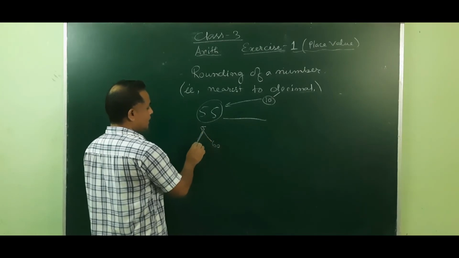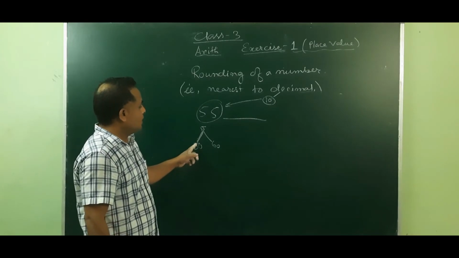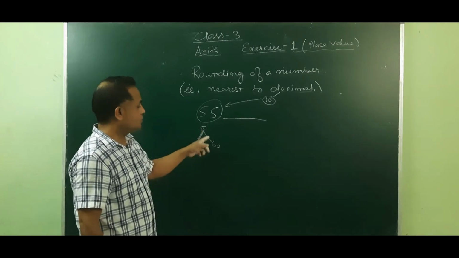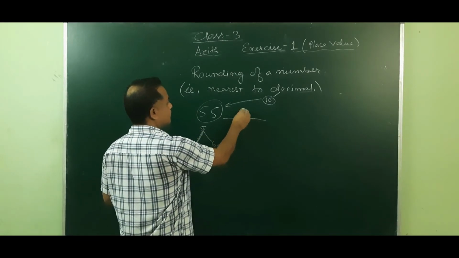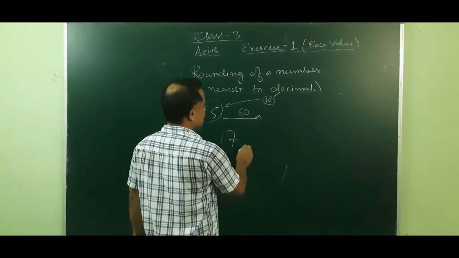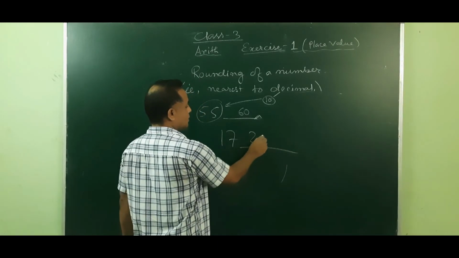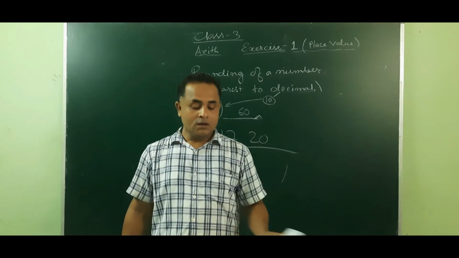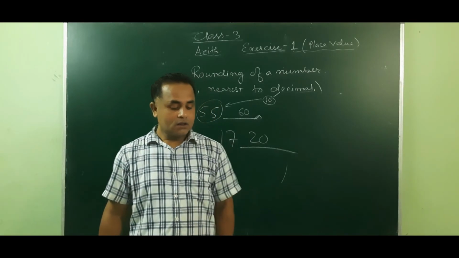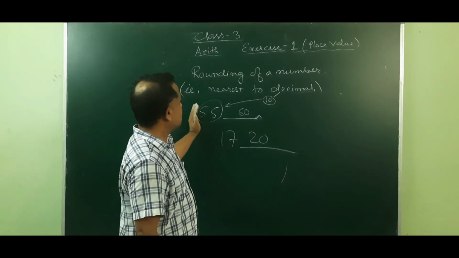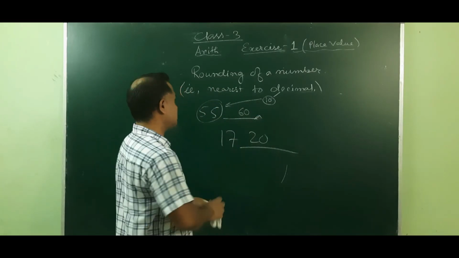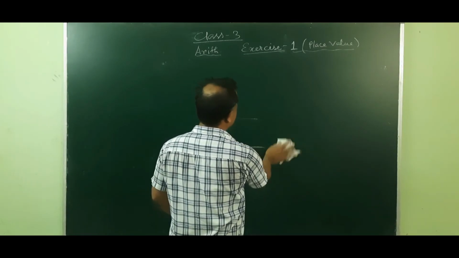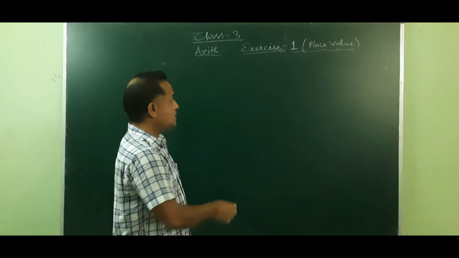So any number we know that 51 to 54 it will be 50 nearest. So it will be 60. One example 17. 17 nearest 10 will be 20. Very easy, everybody can do it. So this is the rounding of numbers.